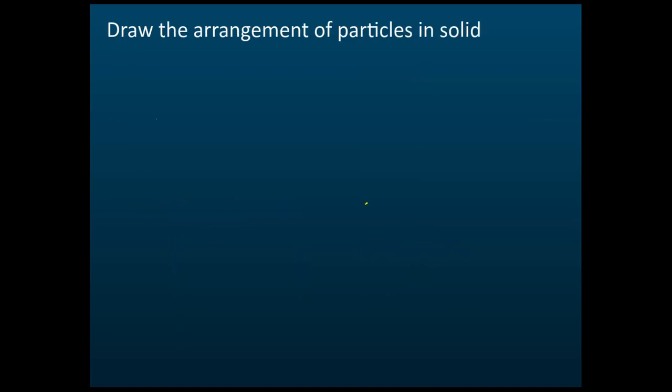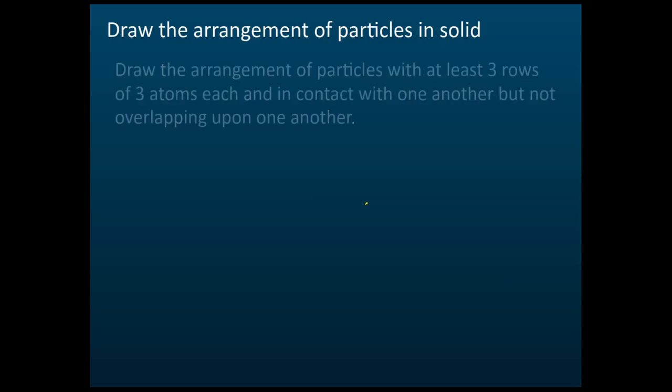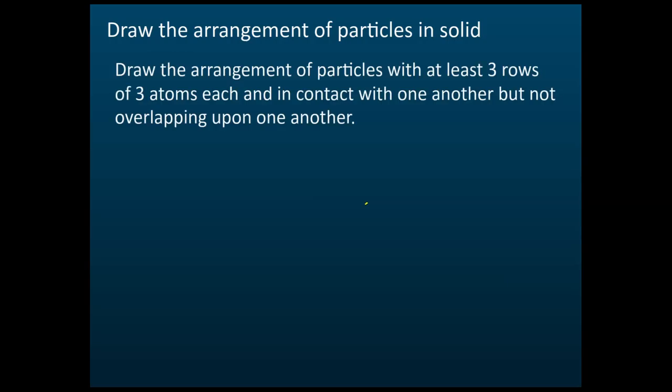Draw the arrangements of particles in solid. Not only in solids, but also in liquids. Draw the arrangements of particles with at least 3 rows of 3 atoms each in contact with one another but not overlapping upon one another. What does this mean?